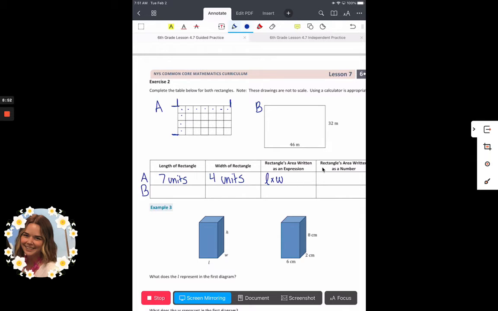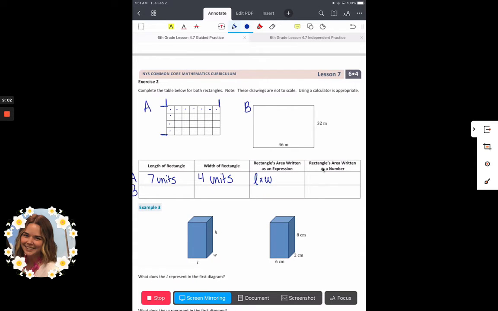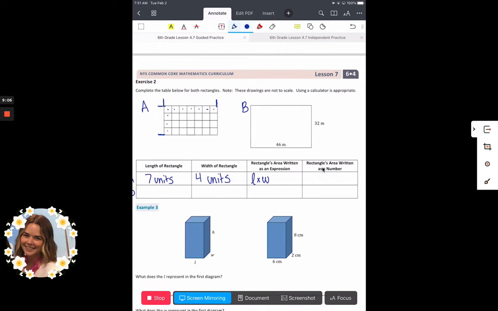So you'll see me use a cursive L, just that loopy L, so that I can differentiate between the two. So now we have the area as a number. So we have 7 units times 4 units, and that would give us 28 units squared.